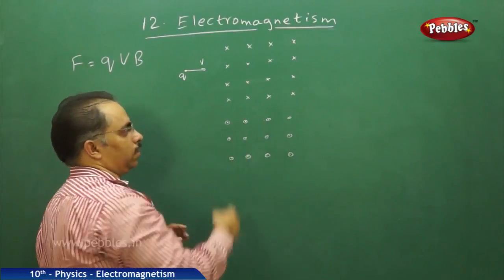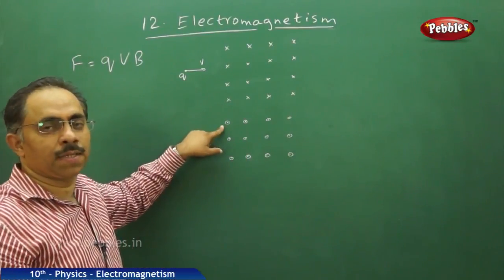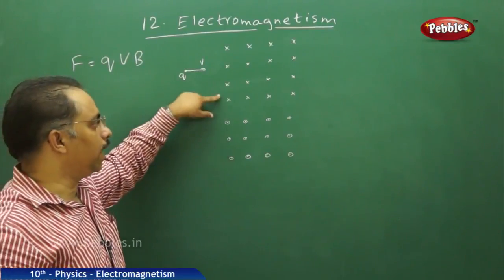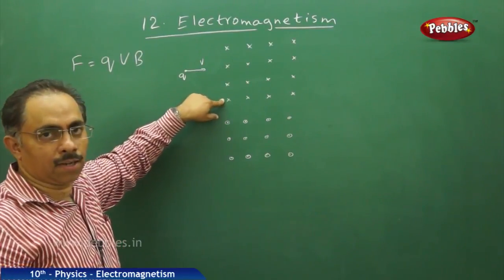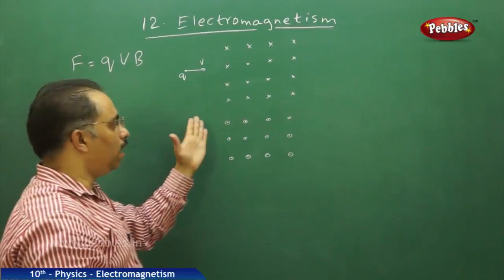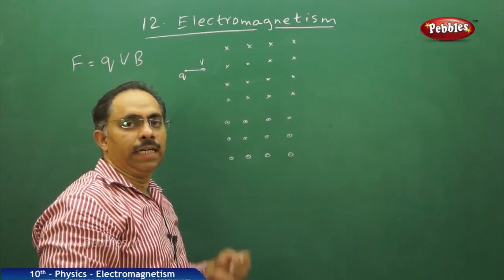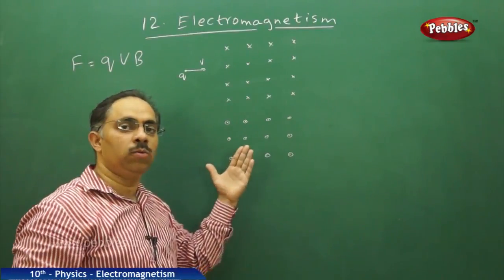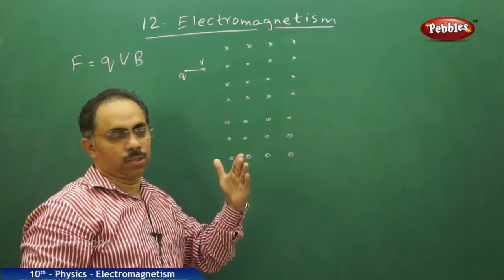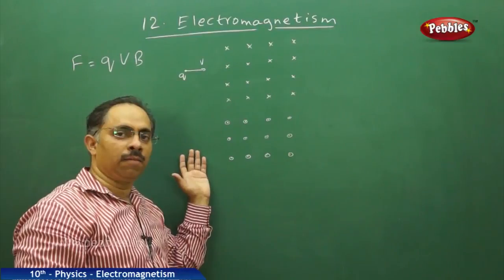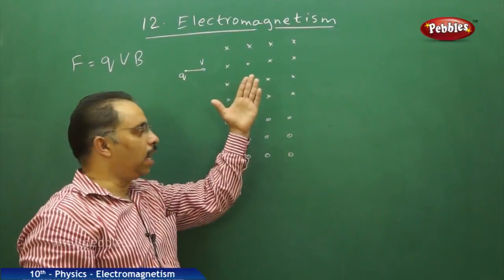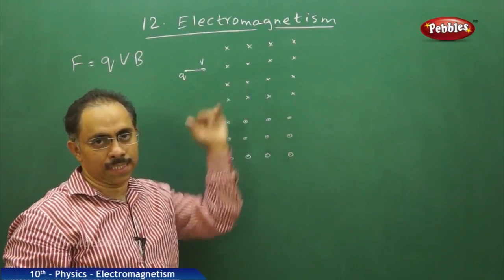Each dot with a circle is representing a magnetic field line, similarly as here each cross. So all these dots with surrounding small circles indicate that the magnetic field is coming out of the board. The direction is perpendicular to the plane of the board but coming out of the board, that is opposite to the direction we have discussed here.